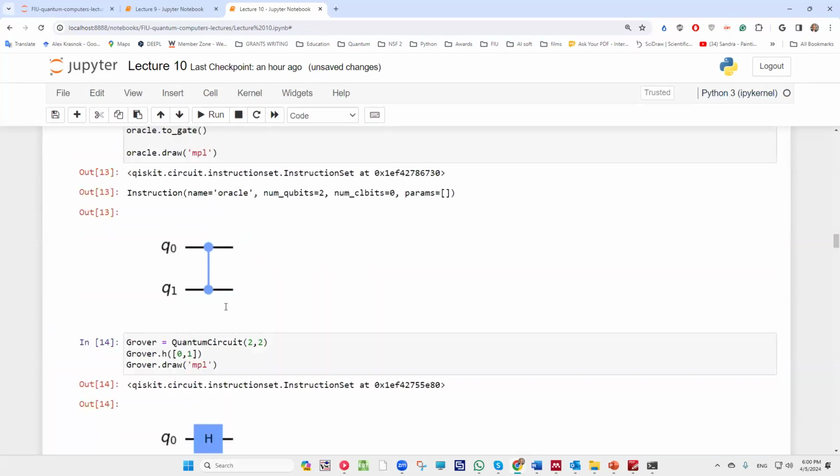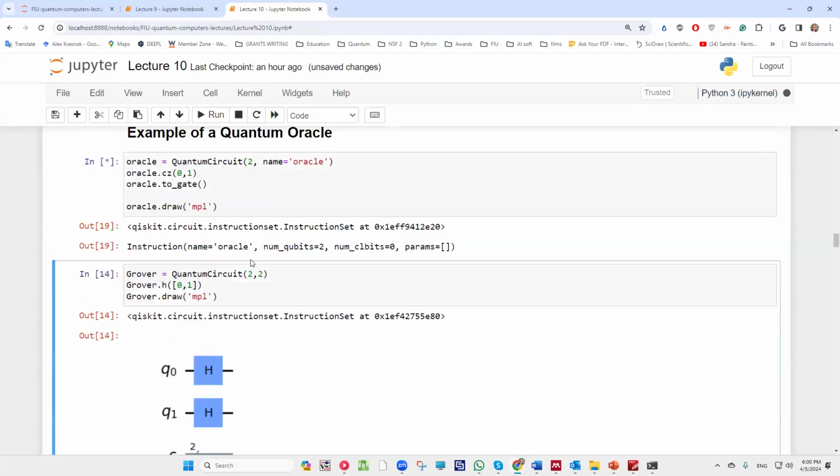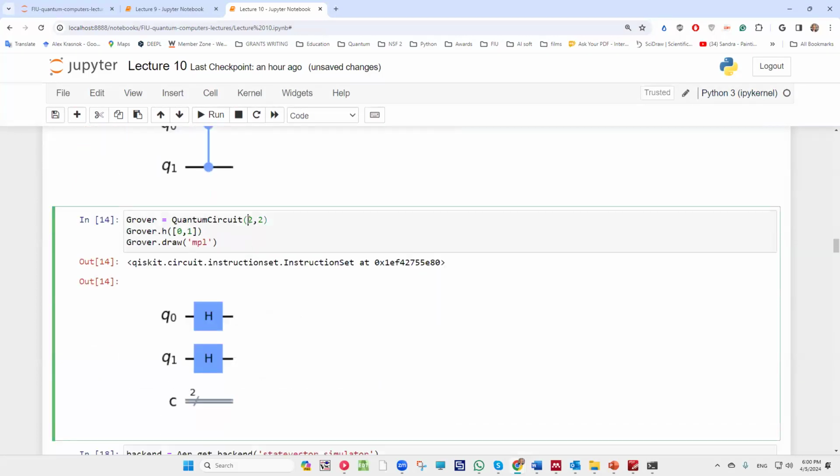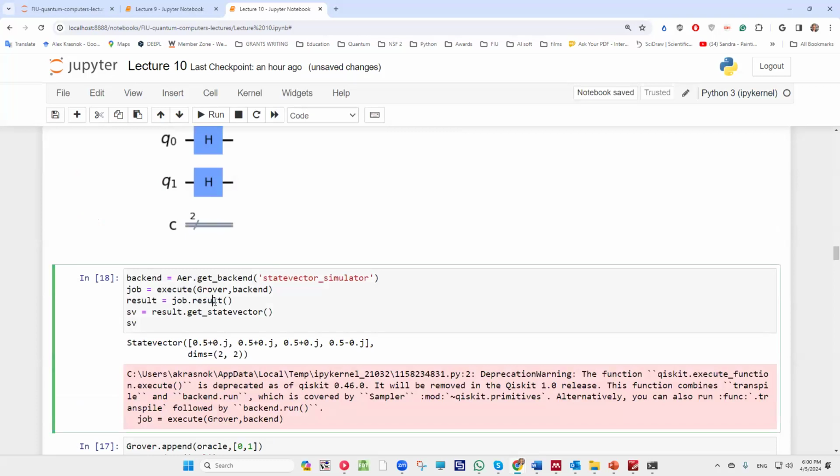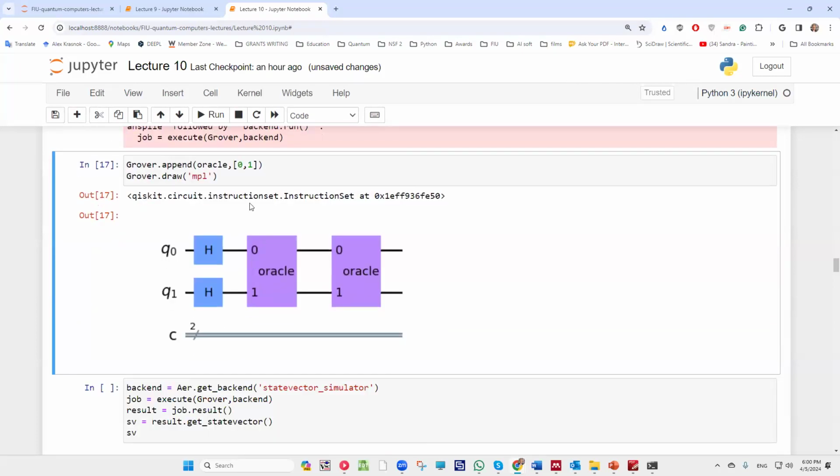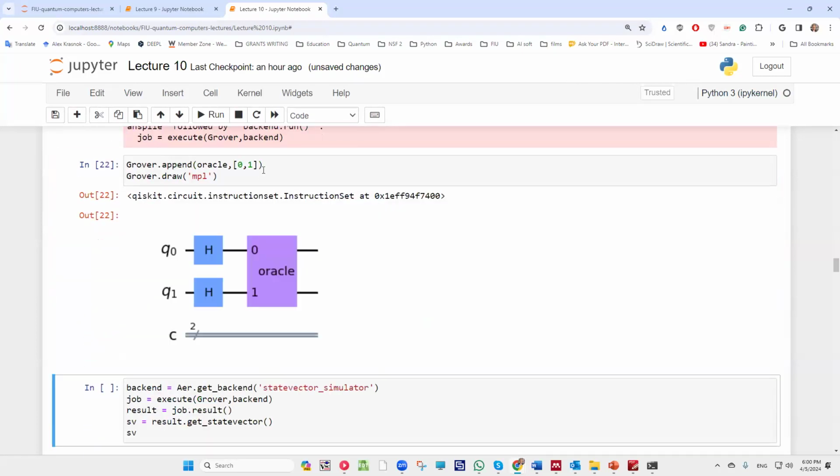Oops, I broke everything, so let me start over. Now the circuit contains the oracle. This is the generic gate that we called oracle.